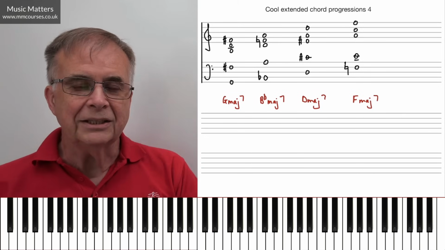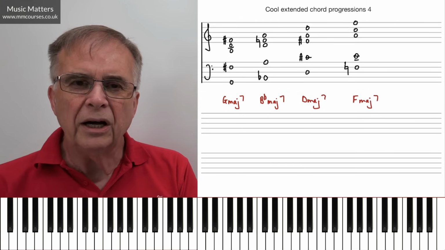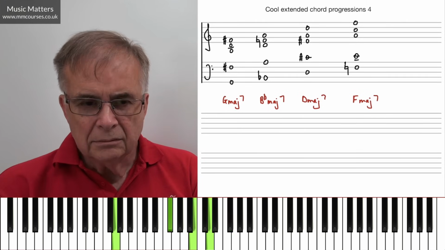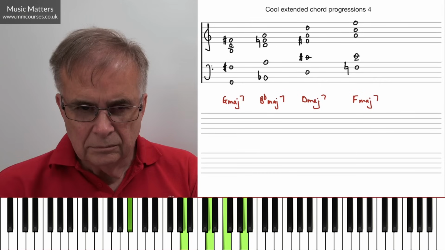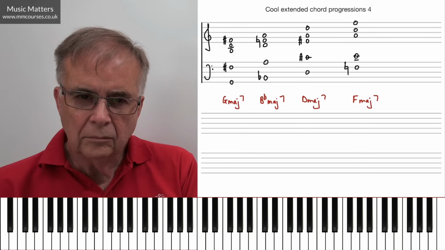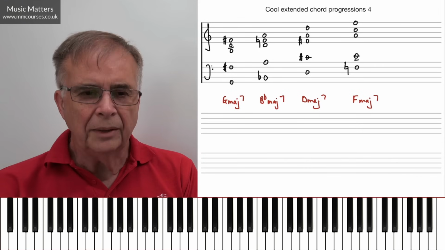Could be quite dramatic, couldn't it? You could do something like fill in with a few passing notes, passing tones, things like this in a melody, and get a bit of a melodic line into it, or do something in the bass.